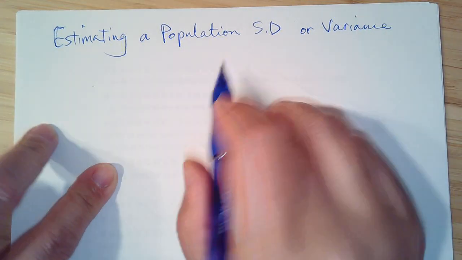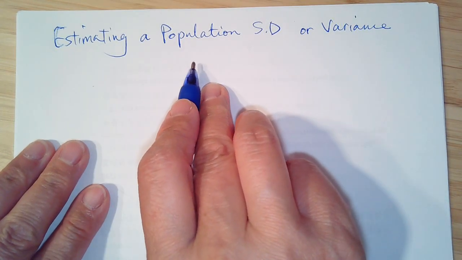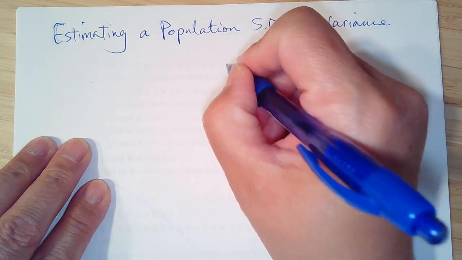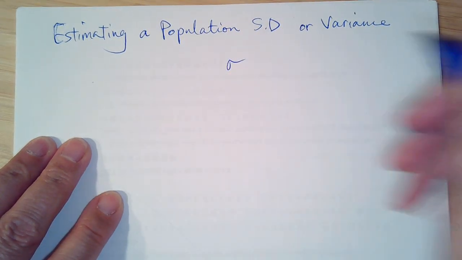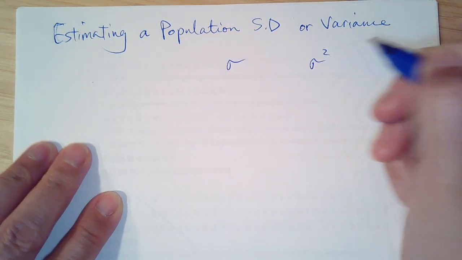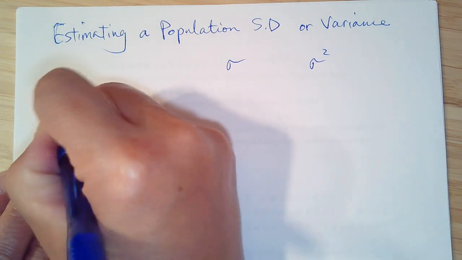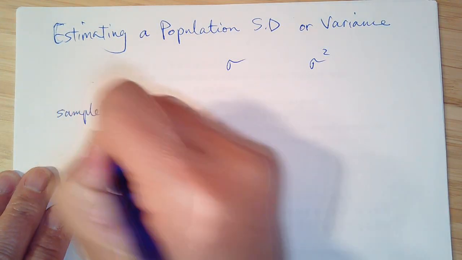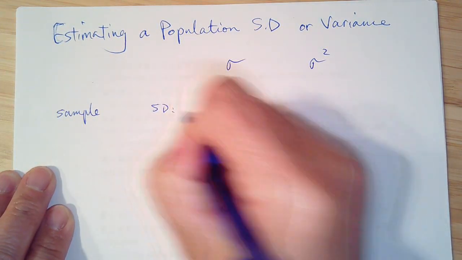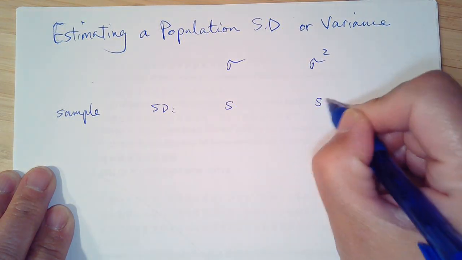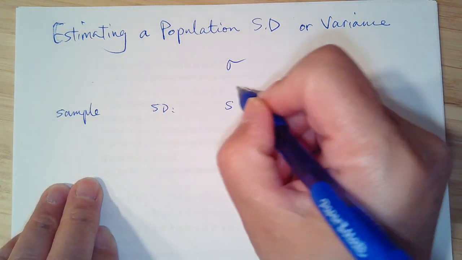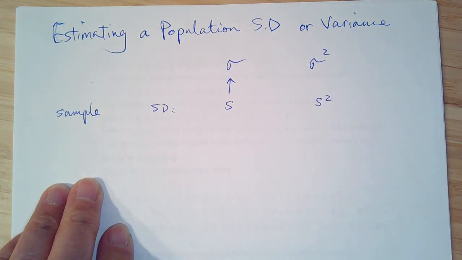Okay, again, what is the letter for the population standard deviation? That's sigma, and the variance will be sigma squared. So what do you use? You use the sample standard deviation, which is S, or the sample variance, S squared. So you're going to use this S to estimate sigma, or use S squared to estimate the population variance.